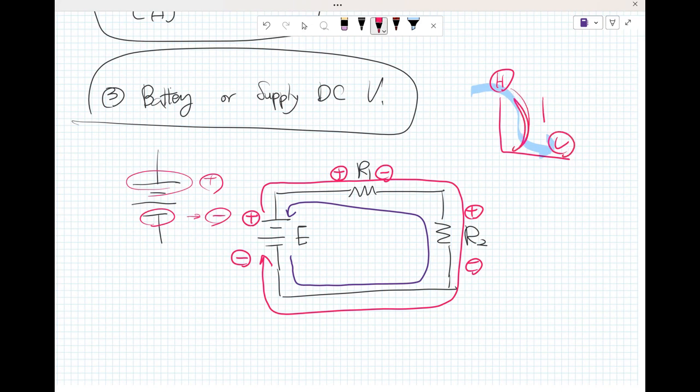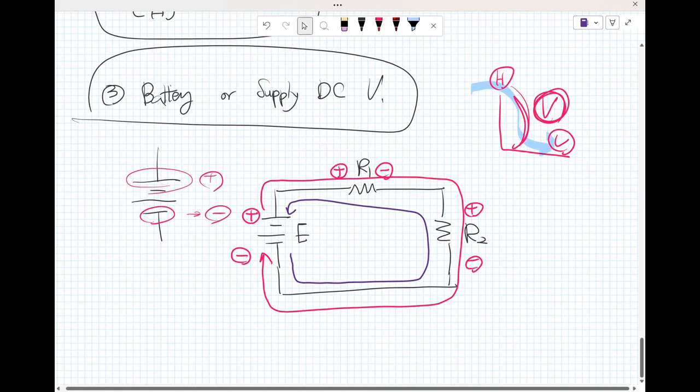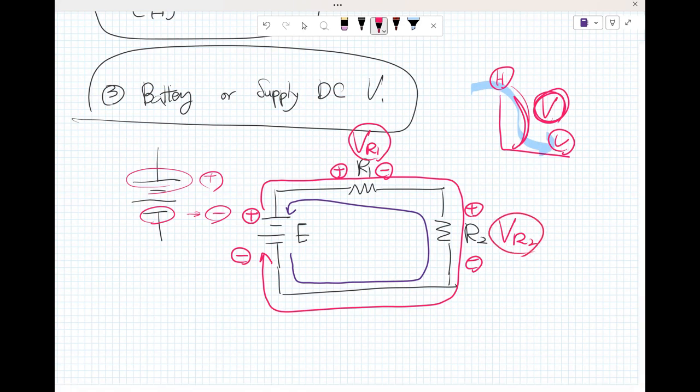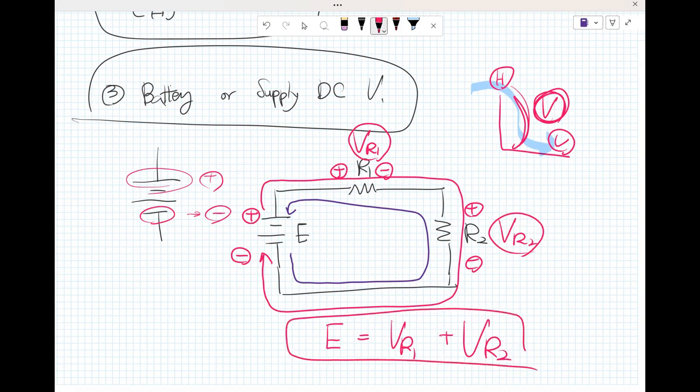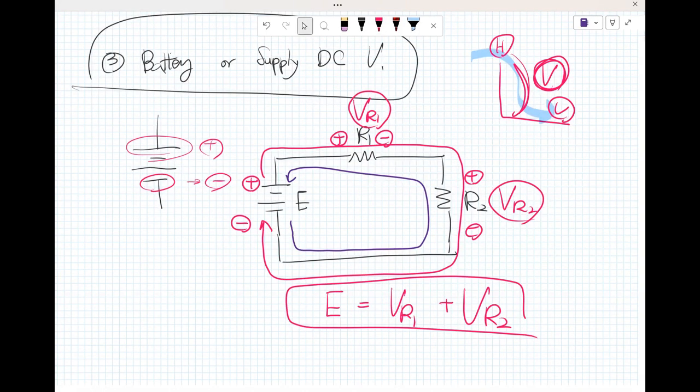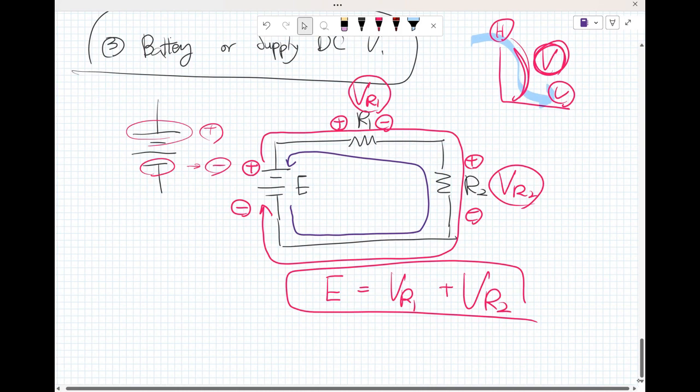That is a voltage, the potential difference. So plus, minus at each resistor: this is the voltage drop across R1, and this is the voltage drop across R2. So E equals the voltage drop across R1 plus the voltage drop across R2.